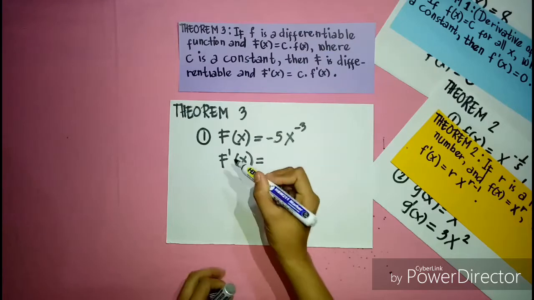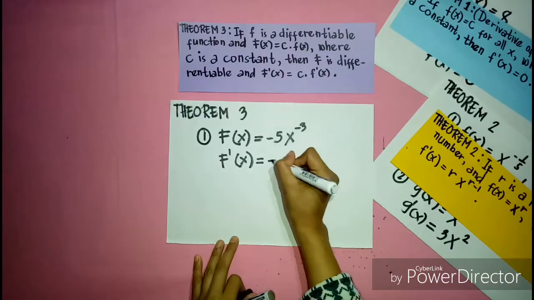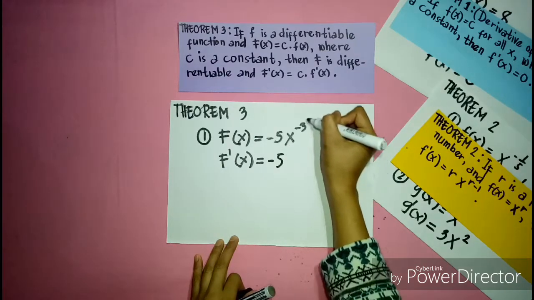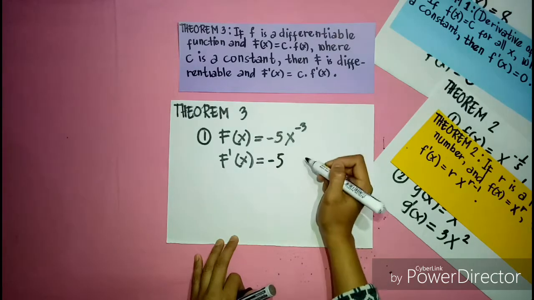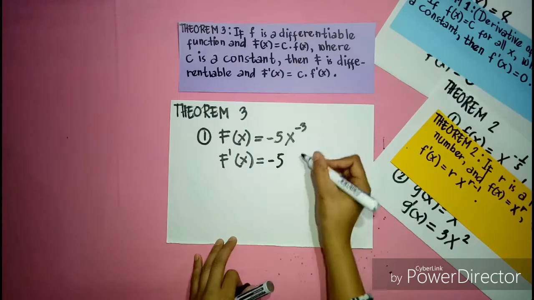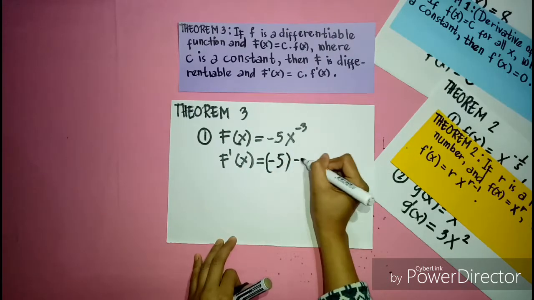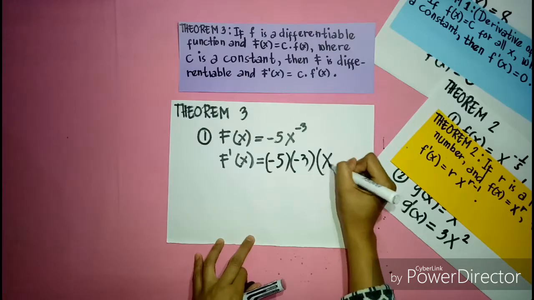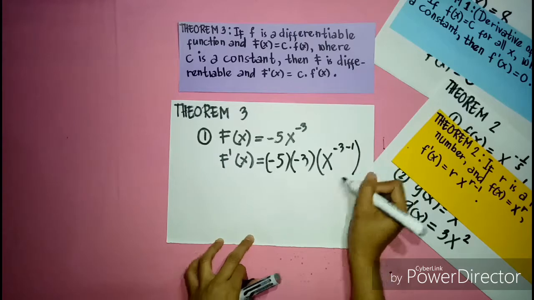Then f prime of x is equal to the constant negative 5 remains, then the derivative of x to the negative 3, applying theorem number 2, you bring down the exponent, so we have negative 3 and x to the negative 3 minus 1.